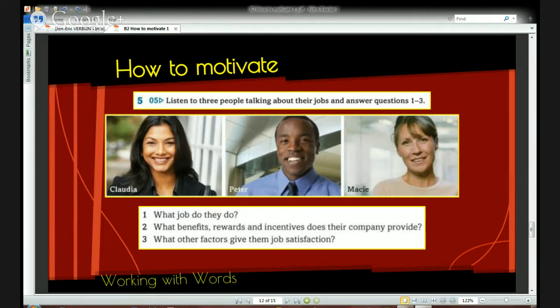Last one was Macy. Macy said quite a few things, actually. She said she likes when her boss thanks her personally for her effort. That's true. The management comes around and thanks the staff personally. She can get appreciation of a good job from management.